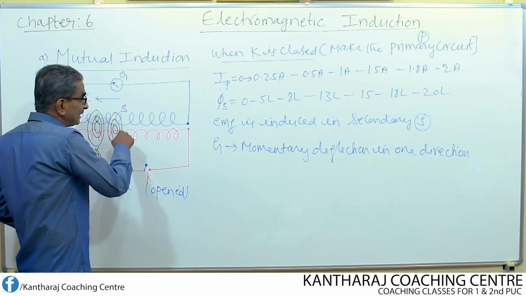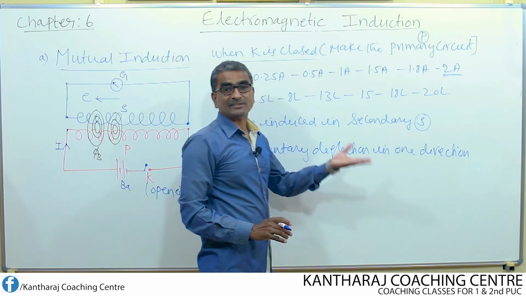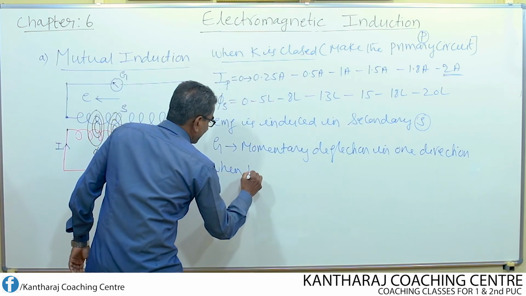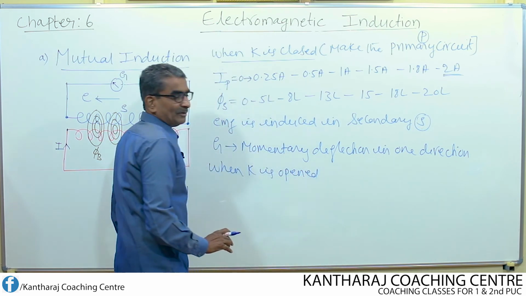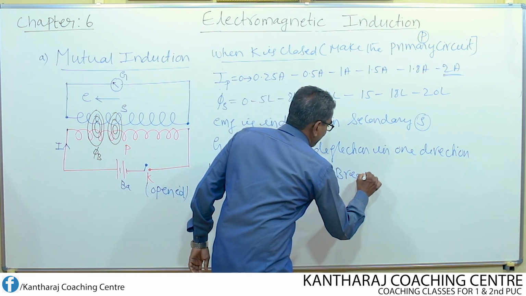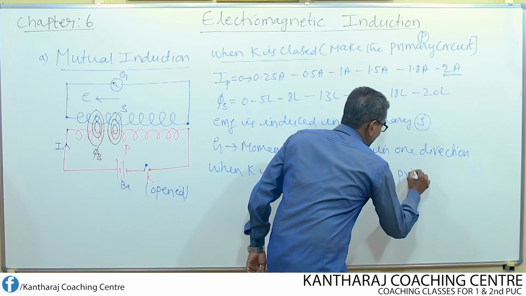The current which was initially at maximum value, 2 ampere, now starts decreasing. When K is opened, we call this break, that means we break the primary circuit.